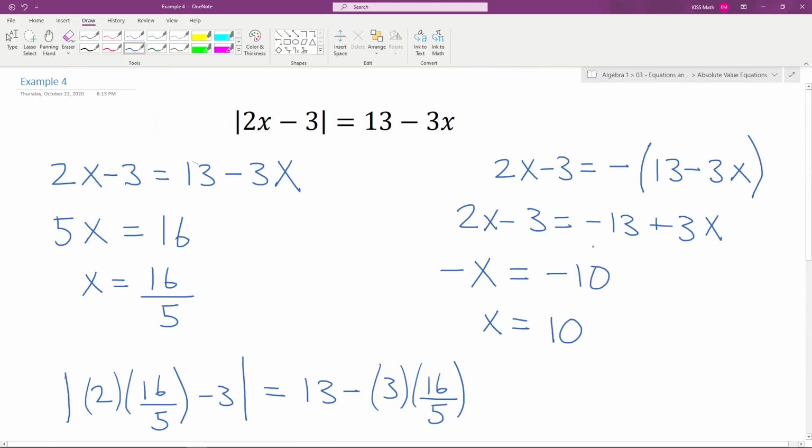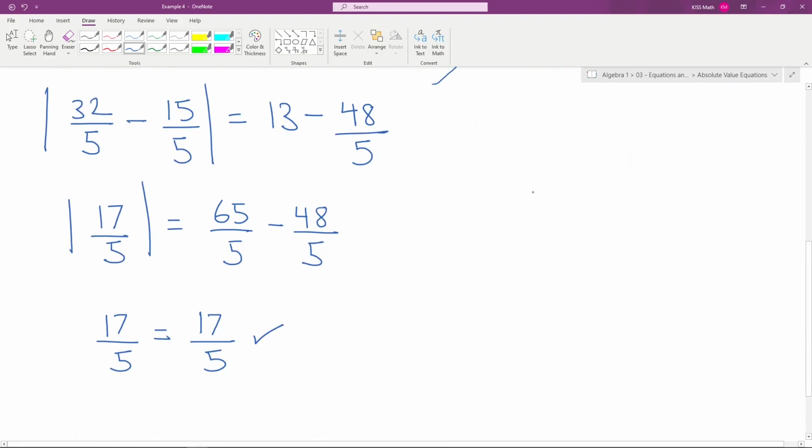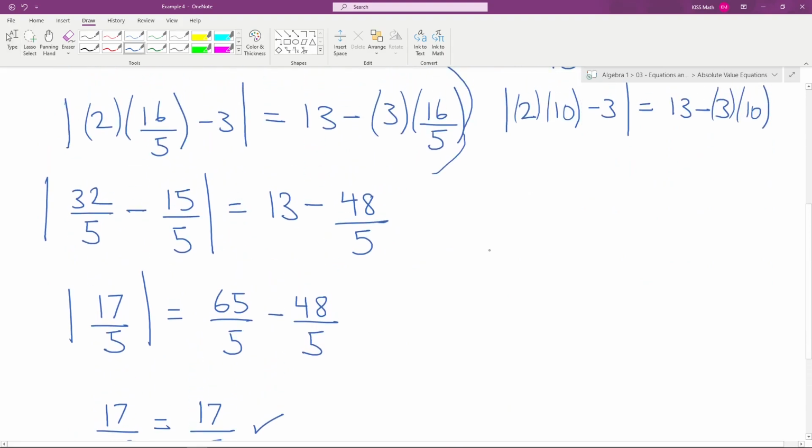And then over here, I had x equals 10, so let's plug that one in. So we have absolute value of 2 times 10 minus 3, and that needs to equal 13 minus 3 times 10. So, evaluate that.